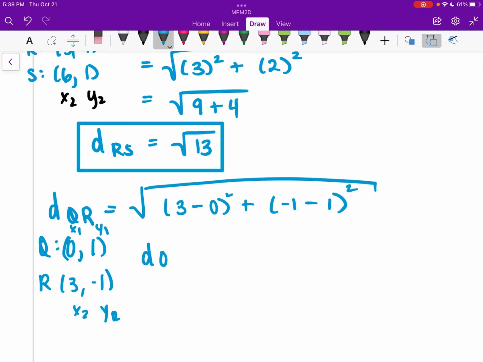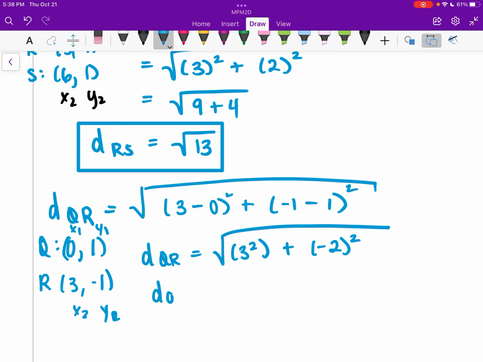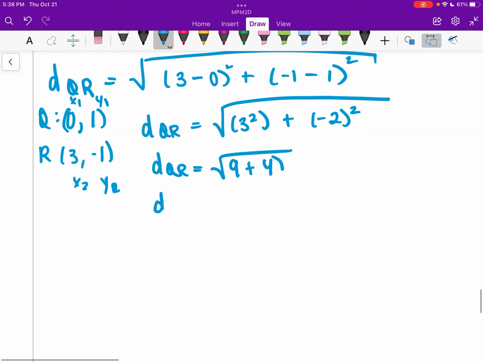So dQR is equal to 3 squared plus negative 1 minus 1, which is negative 2 squared. dQR is equal to the square root of 9 plus 4. D is equal to square root of 13.